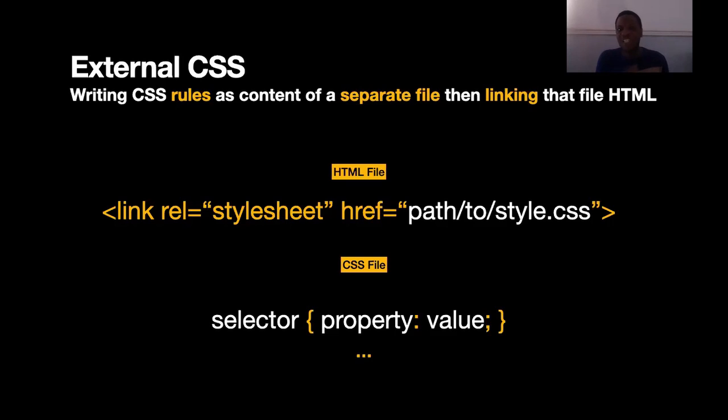In this case, the relationship between the resource that we are specifying in the href, that's the hypertext reference, the resource that we are trying to specify there, that file, so to speak, and your current page, the current HTML file that you're trying to link this into, that relationship is stylesheet. So this is simply saying link style.css to this HTML file as a stylesheet. So that is basically the code snippet there.